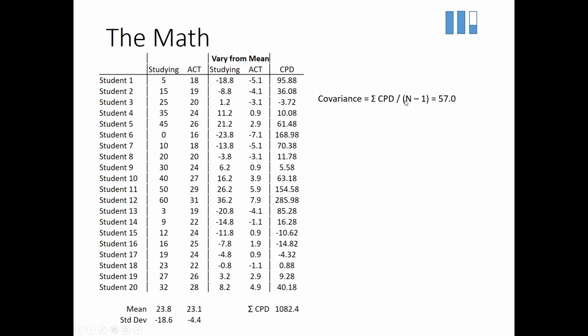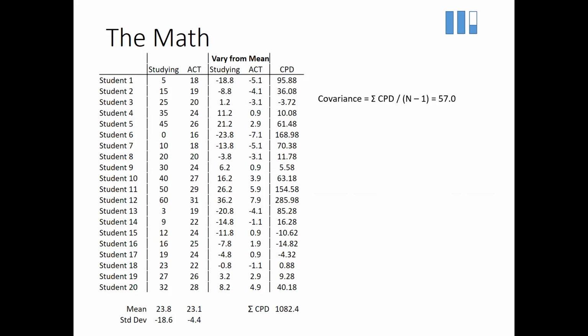That 1,082, and we divide it by the number of cases minus 1, which is also called the degrees of freedom. So the number of cases minus 1. So we have 20 students. So what is n minus 1? 19. Can't hear y'all. What'd you say? 19. 19, right, exactly.